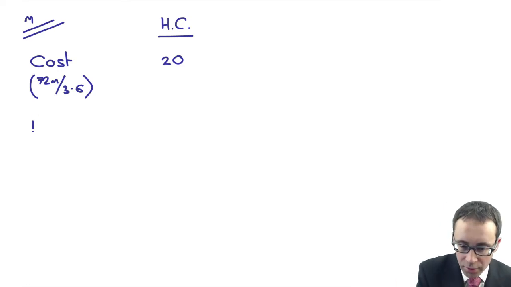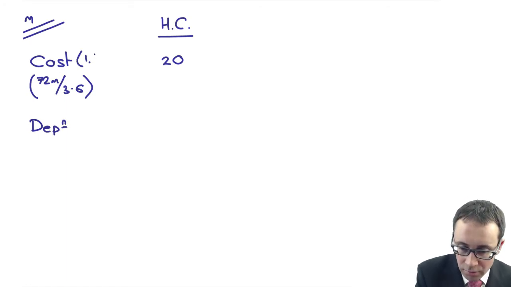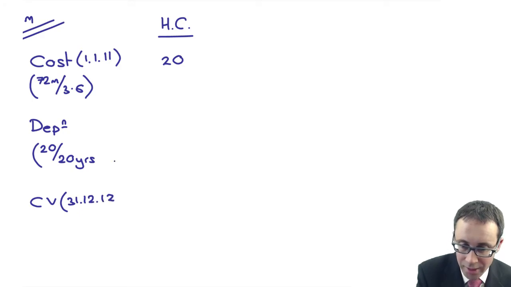What we need to go through and do now is we need to think about the depreciation. So that cost was the 1st of Jan 2011. We need to depreciate that asset, isn't it? So 20, was it over 20 years? But just be careful, because when we're looking at the carrying value, that's at the 31st of December 2015, wasn't it?